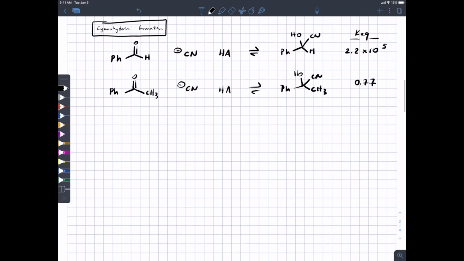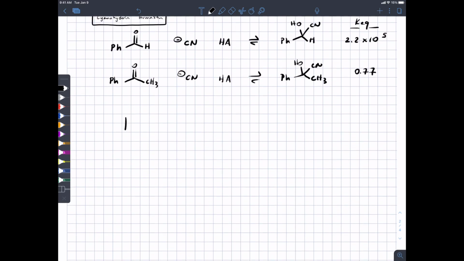One interesting thing that I found, though, is if your ketone is in a 5- or 6-membered ring, that will actually shift the equilibrium way more towards products. Not quite as much as for the aldehyde, but still several orders of magnitude.